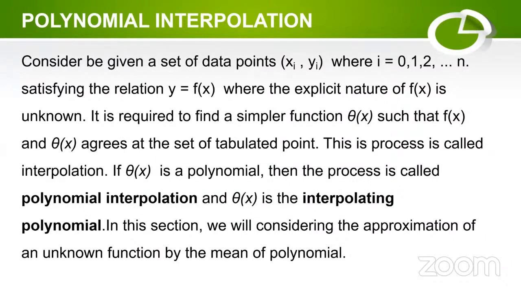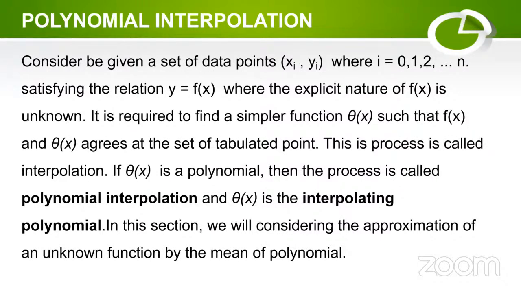This process is what we call interpolation. Here we are trying to determine another function, theta of s, which, by the time we define it and use it to calculate the value of our y, will be very close to the real function f of s. Here we assume our theta of s to be a polynomial.